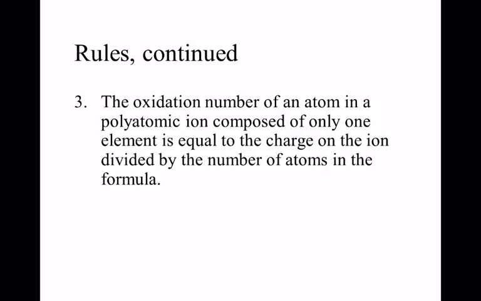And so what you do, if I was going to draw this, there's my polyatomic, then actually each one of them is this charge divided by 3. So this is a -1/3, -1/3, -1/3.